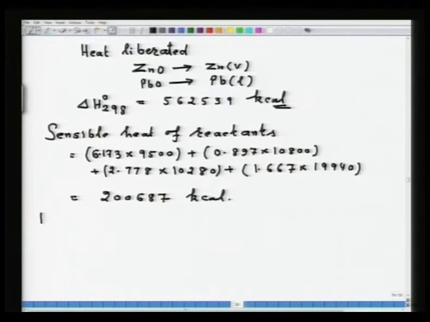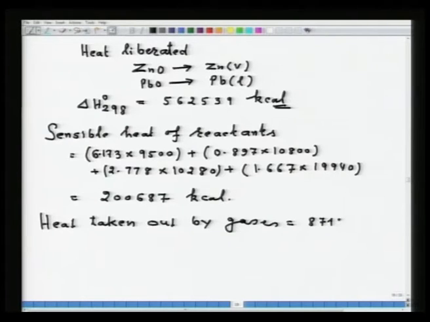Now, the heat taken out by gases: all that you have to multiply the heat content by the moles. So, this is equal to 871,289 kilocalorie.